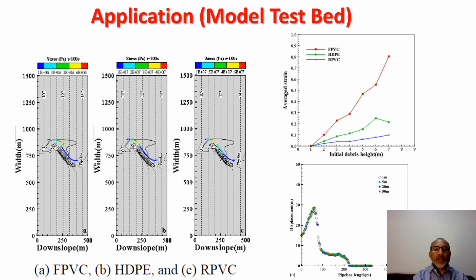Along this particular location, the displacement of the pipe is the highest compared to the other locations, because the debris flow has not impacted these segments. So this information is very crucial to understand some of the avoidance zones that go into the planning of pipeline routing.